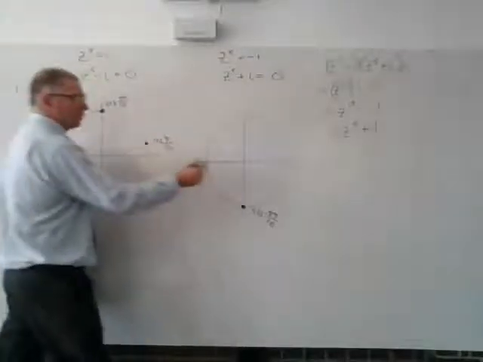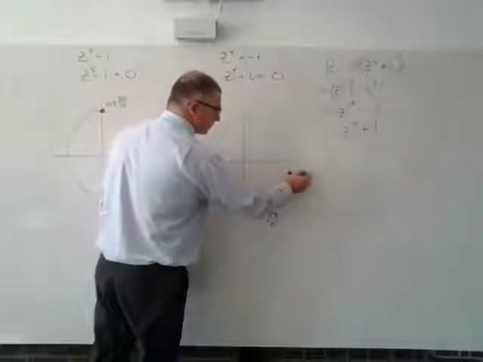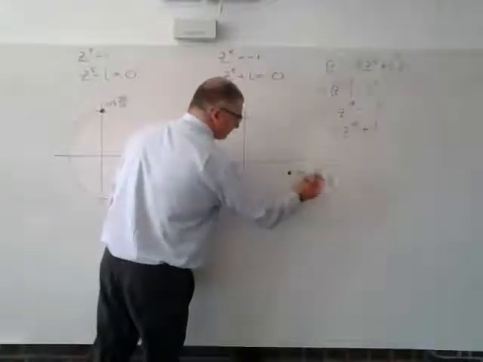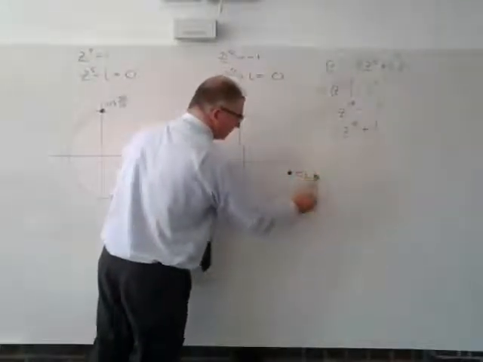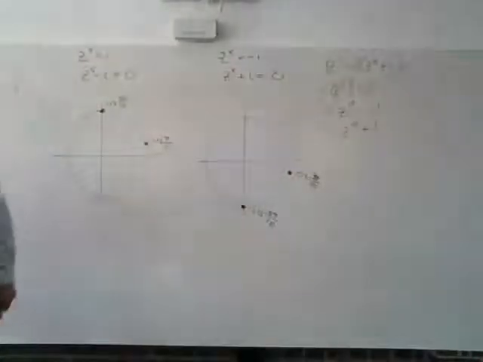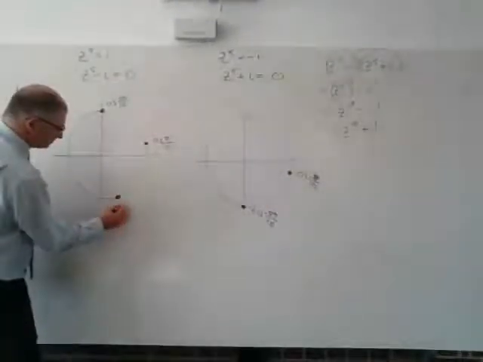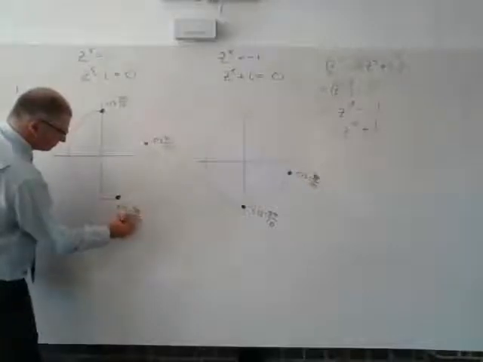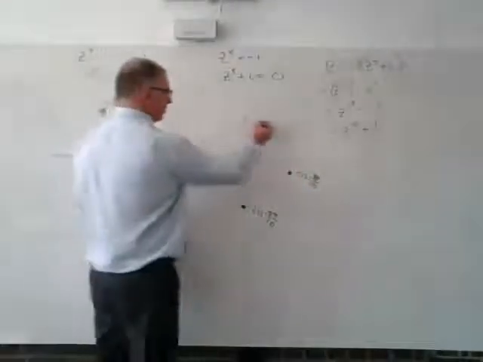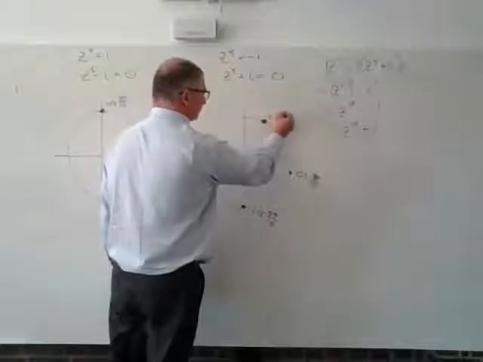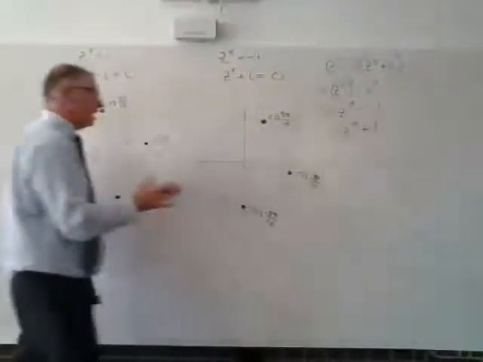And because they can't occur in conjugate pairs, then the solution, minus pi on 10, the conjugate solution must be over on that one over there. Now, I'm just checking if I've got this the right way around, and I think I do. Cis of minus 3 pi on 10 would be there, which means cis of 3 pi on 10 would be over there.